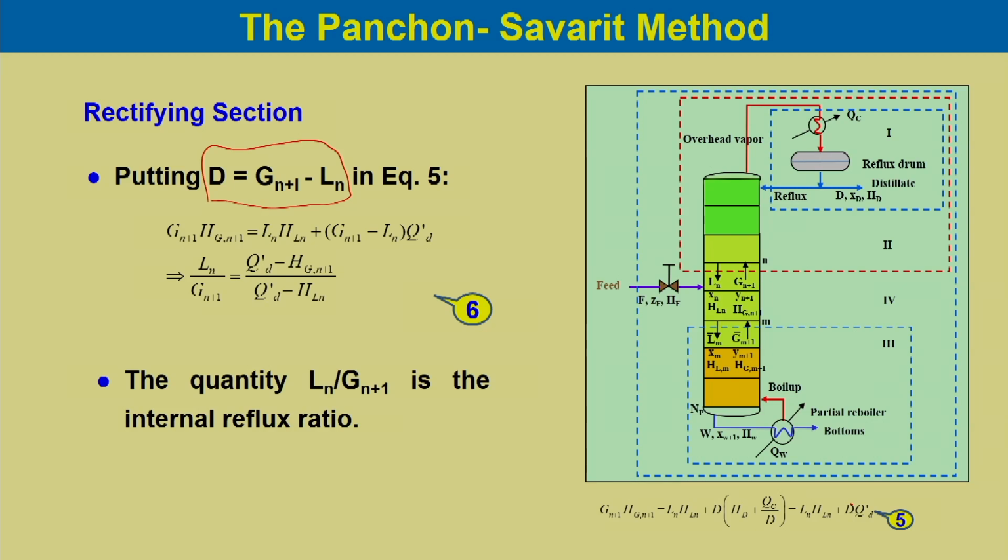The quantity Ln by G n plus 1 is the internal reflux ratio, because this is the L by G ratio inside the column. So, it is called the internal reflux ratio.